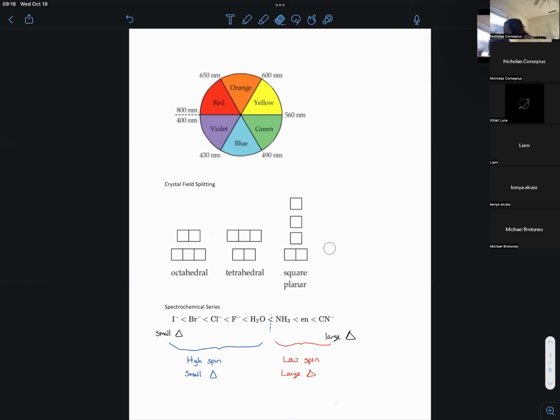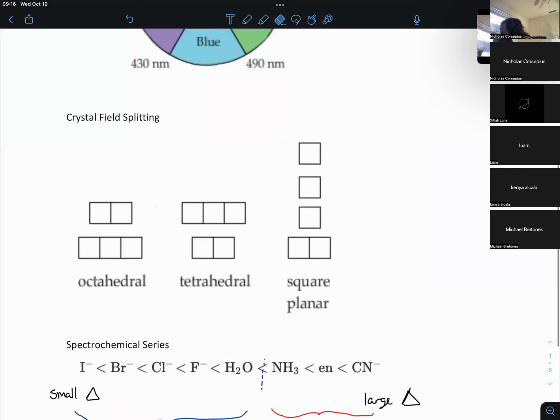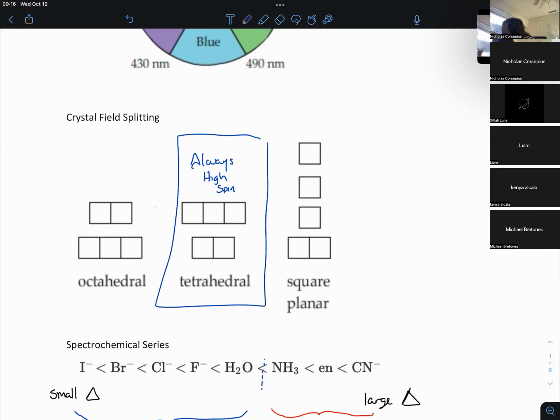So again, what we learned today is that these tetrahedrals are always high spin, and that these square planars are always low spin.